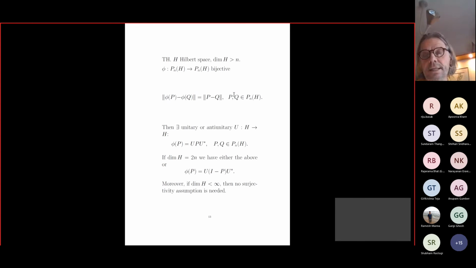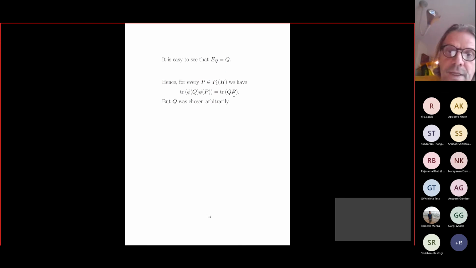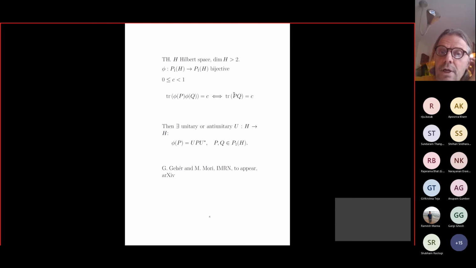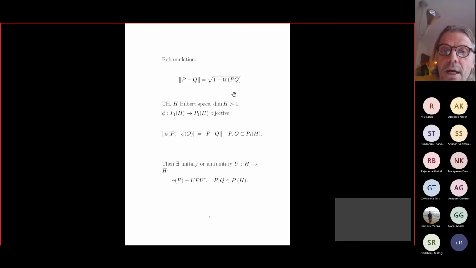Now this is another open problem. I mean, it's not open anymore, but another natural problem connected with Wigner's theorem. So what was Wigner's theorem? One of the possible reformulations: you have a bijective map on projections of rank 1 that is an isometry.